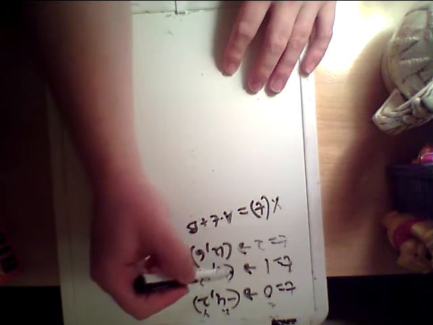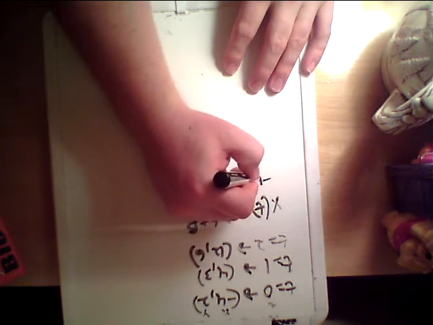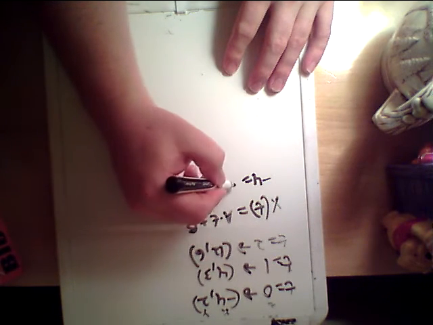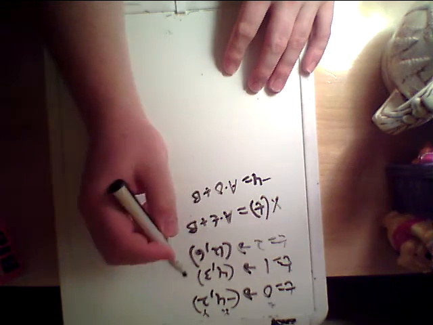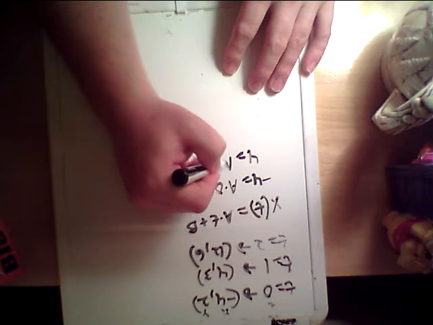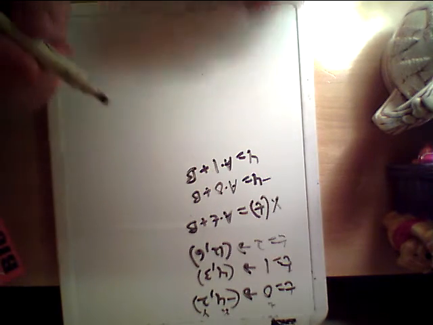Let's just pick these first 2. So -4 was the result of plugging in 0, so -4 equals a times 0 plus b. And also we get 4 as the result of plugging 1 in, so 4 equals a times 1 plus b.